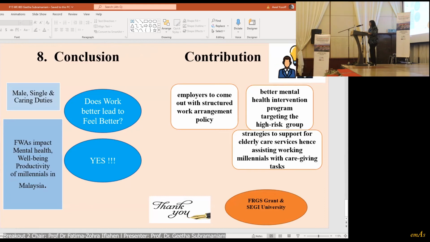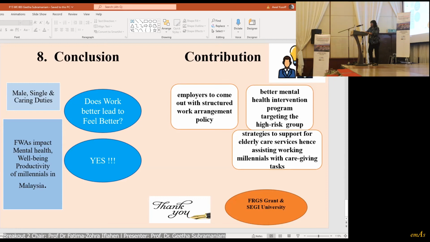In conclusion, based on this study, males, those who are single, and those who had caring duties for elderly and sick persons had a positive relationship with mental health. And flexible working arrangements had a positive impact on mental health, well-being, and productivity of millennials.